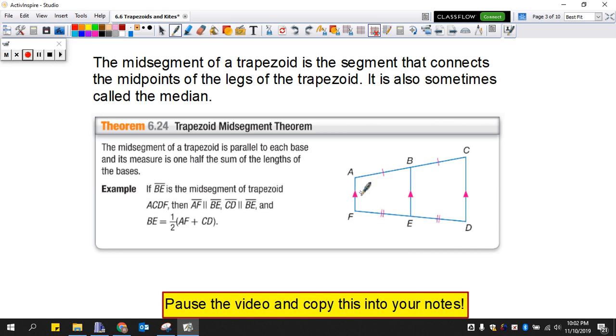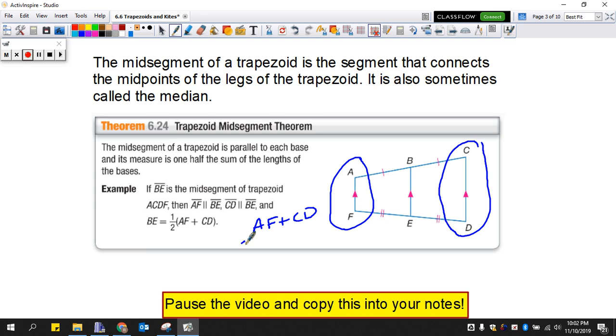In other words, AF plus CD divided by 2. We're going to do several problems figuring out what the midsegment is, or using the midsegment to figure out the length of a base. So pause the video and copy this into your notes as well.